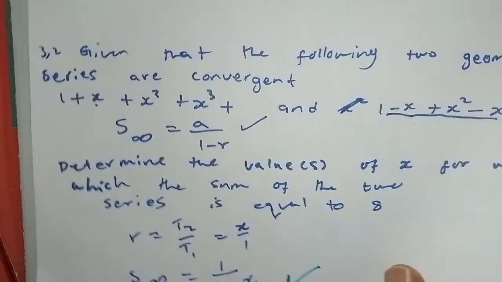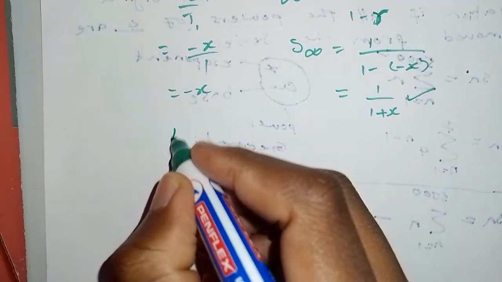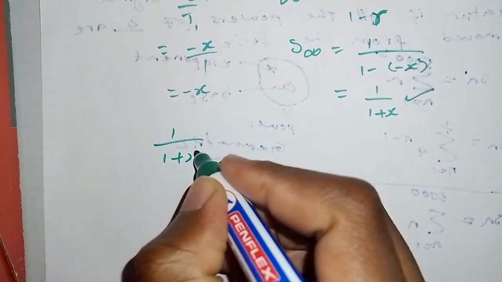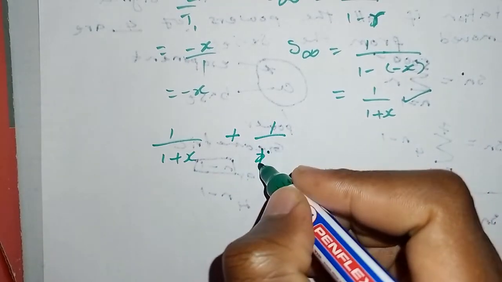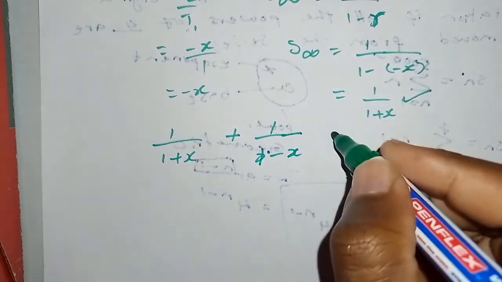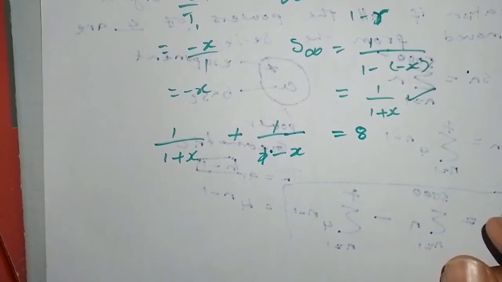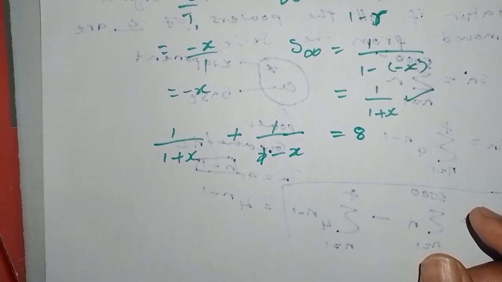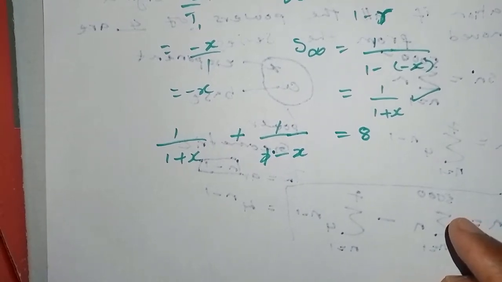Then you're going to add the sums: 1 over 1 plus x plus 1 over 1 minus x. We're going to equate them to 8 because it clearly states determine the values of x for which the sum of the two series is equal to 8, right?